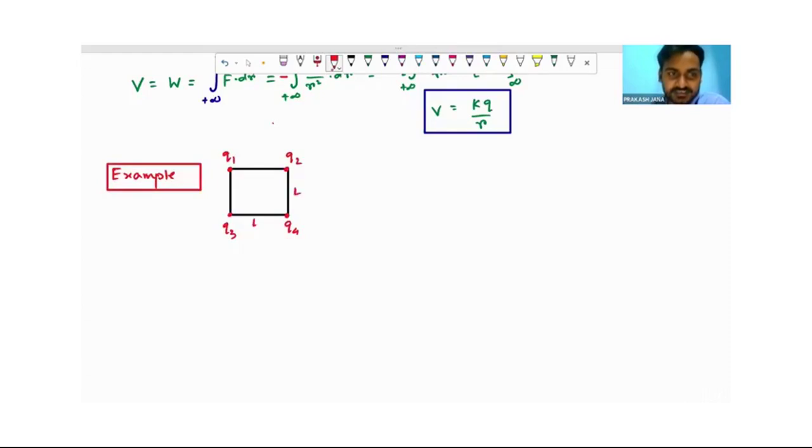This is also L, this is also L, this is also L. What is the question here?